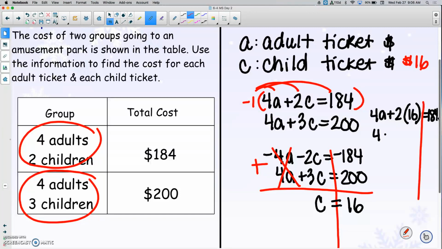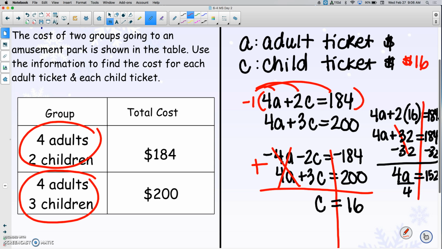So 4A plus 2 times 16 is 32 equals 184. Subtract the 32. 4A equals 152.